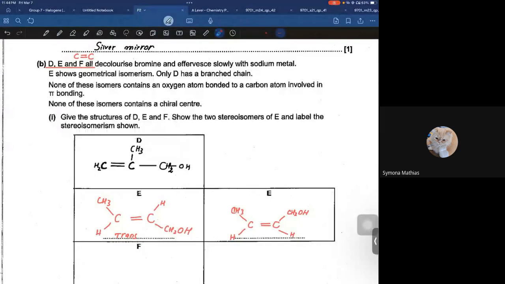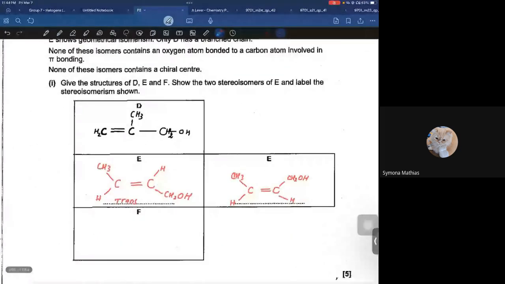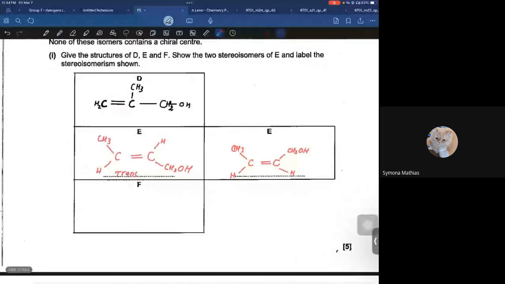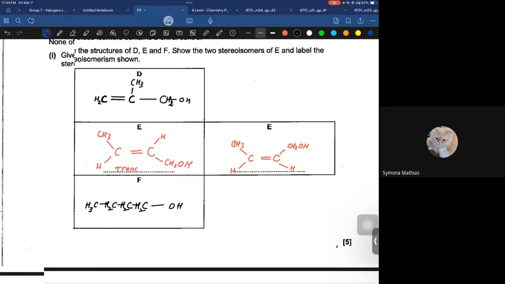It's a long chain structure, but it must have an OH as well because it's going to react with the sodium metal. So I'm making this structure like this, watch: 2, 3, 4 and then OH. Okay, this is of 5 marks.